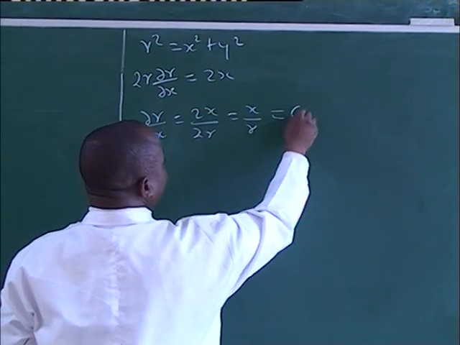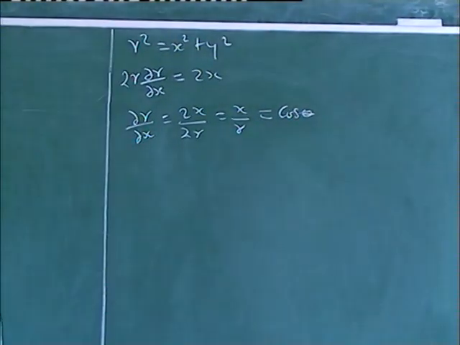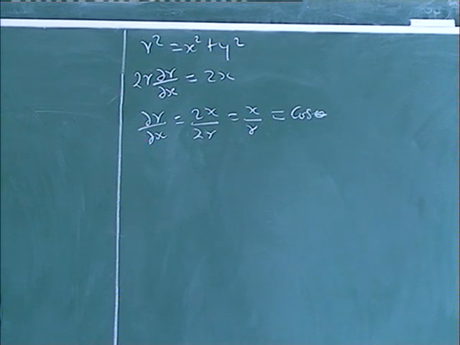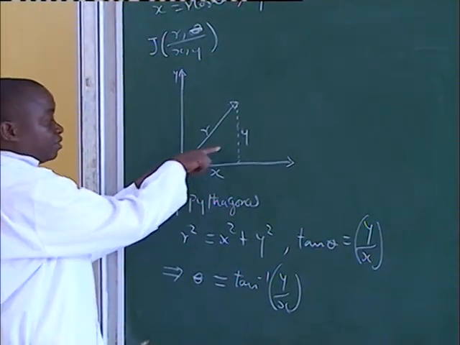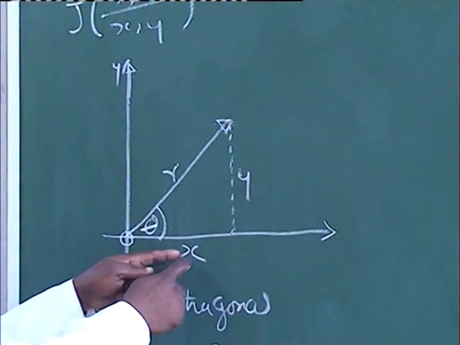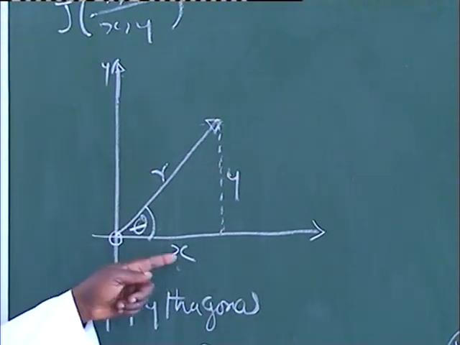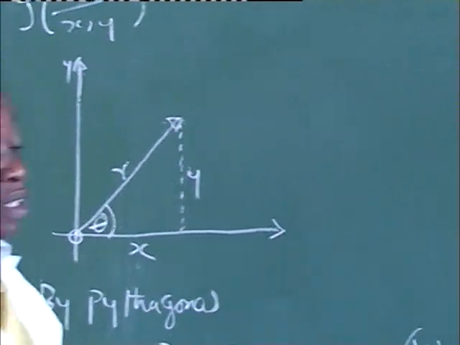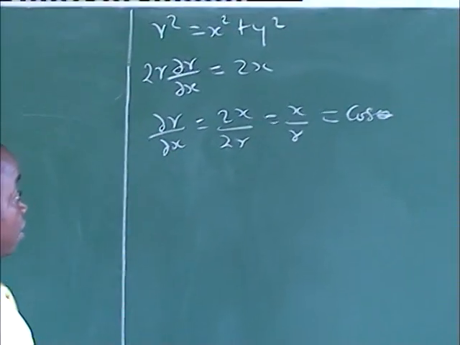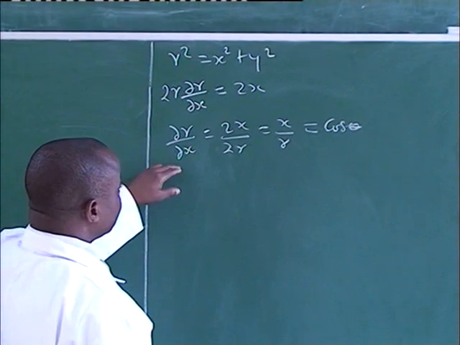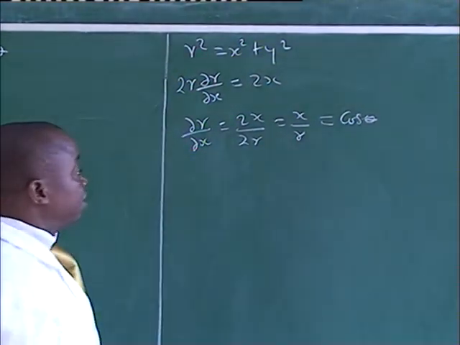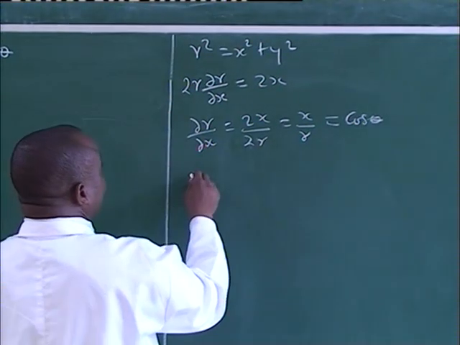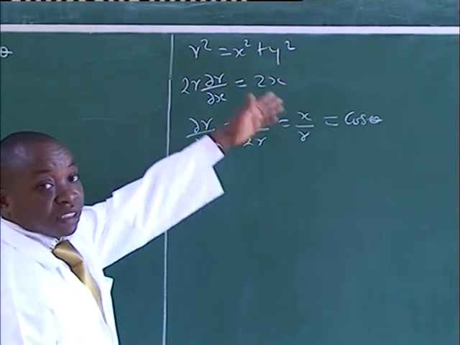And this is the same as cos theta. How? Because in the plane, cos theta is adjacent over hypotenuse, which is x over r. So that's why I put cos theta there. So partial r partial x is cos theta. Now let's go back and also find partial r partial y.